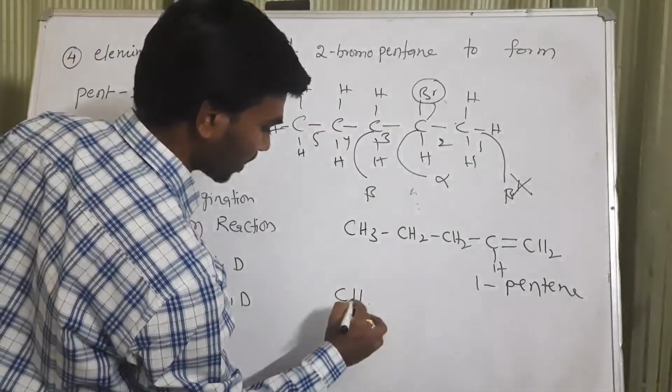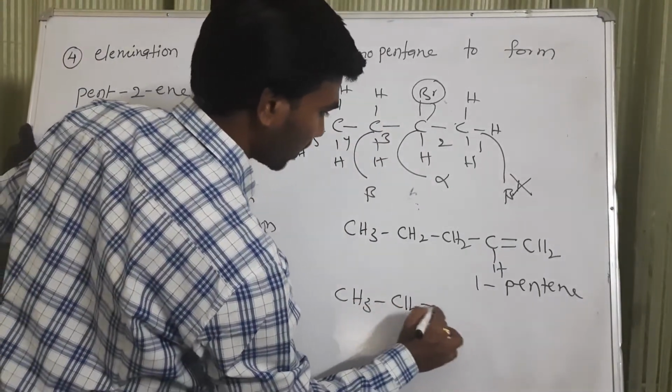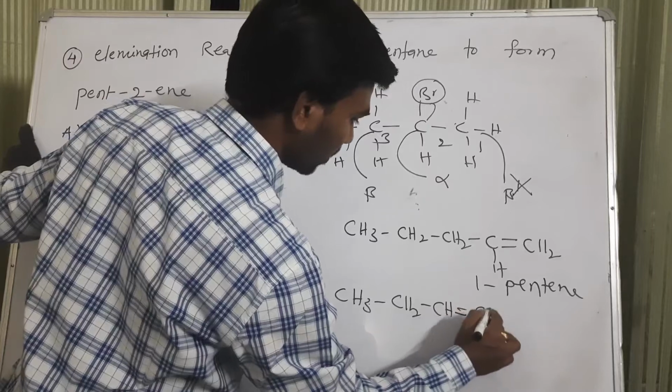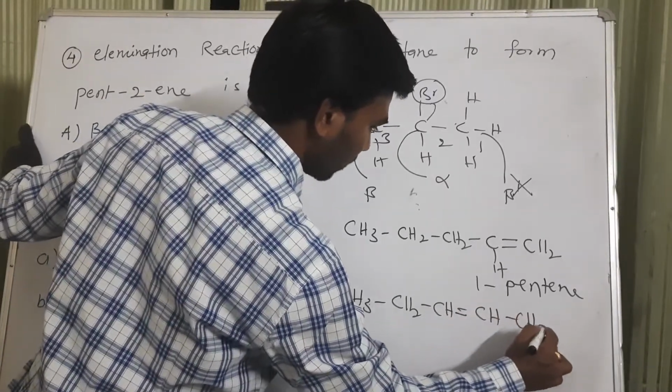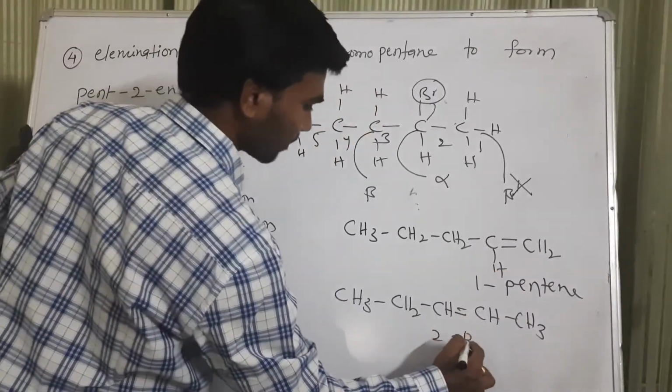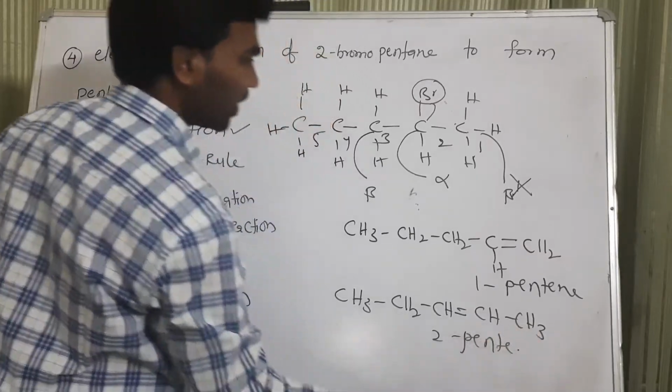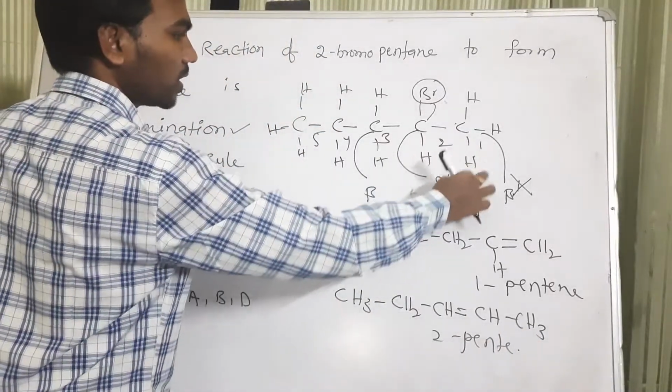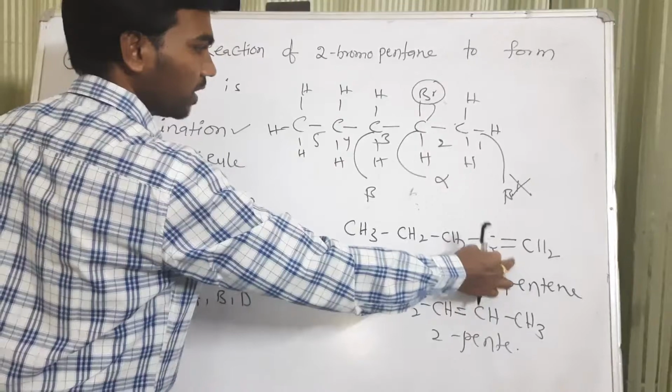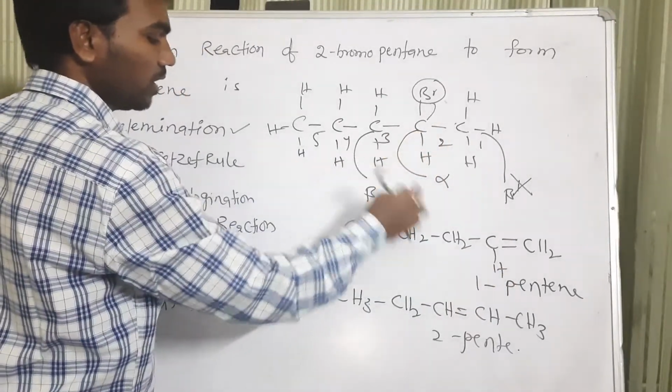In such a case, the product CH3, CH2, CH double bond CH, CH3 will form. So this is 2-pentene. If it utilizes this beta hydrogen, 1-pentene forms; if it utilizes this one, 2-pentene forms.